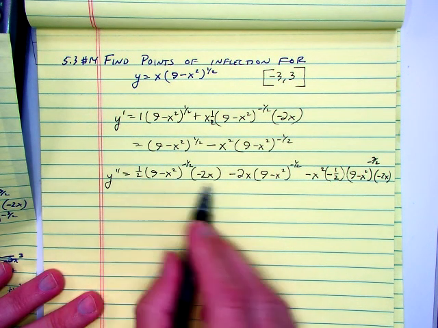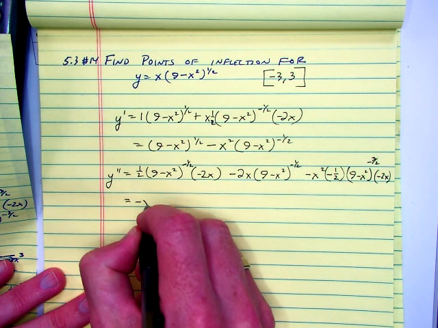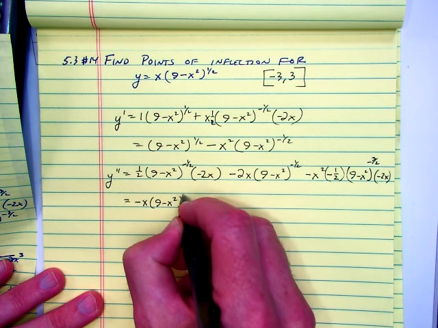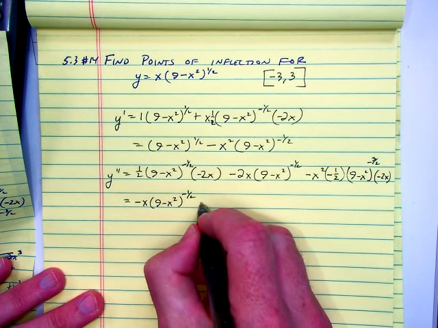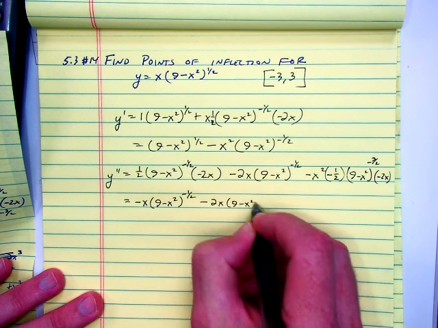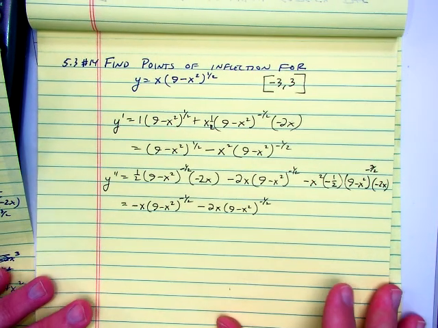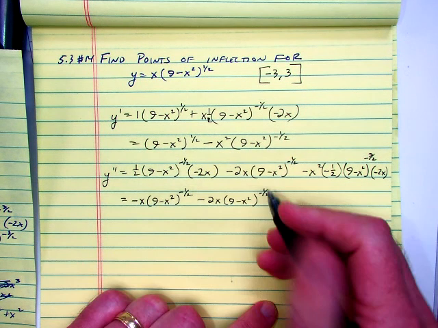So this becomes, these cancel, and I get -x times 9 minus x squared to the -1/2. This one becomes -2x times 9 minus x squared to the -1/2. So these both share the same term. But this one, if you look, I have 3 negatives, so we know it's negative.